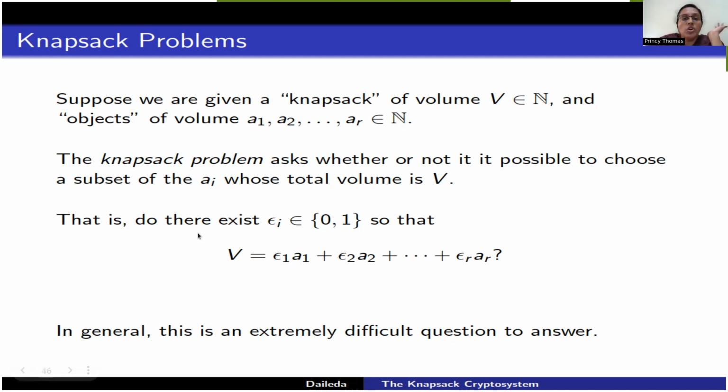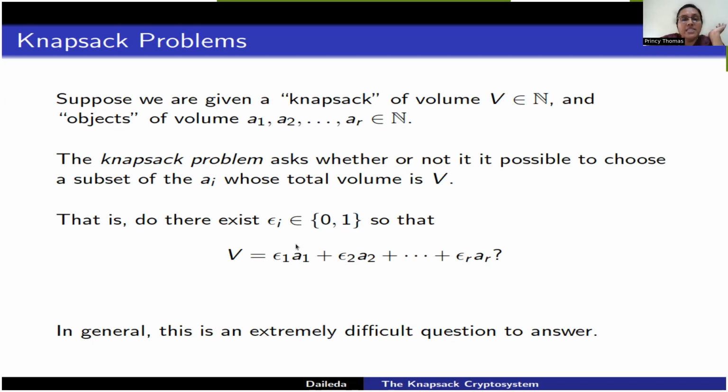So what does it become? Does there exist epsilon I for R of these items, where epsilon I can be either 0 or 1, so that if epsilon 1 is 0, then A1 is not put into the bag, and if epsilon 1 is 1, then A1 is put into the bag.